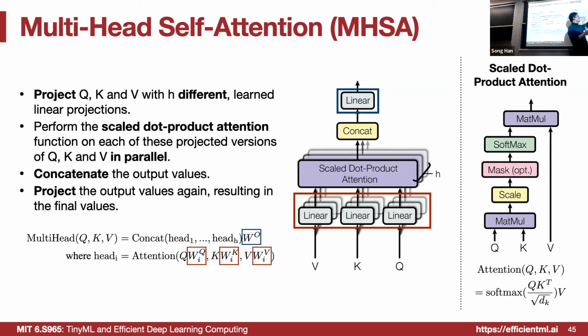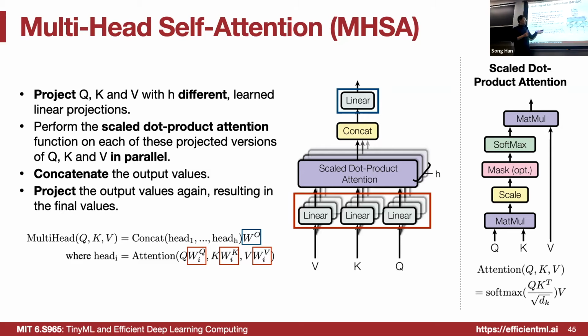Then we perform this mask, which is optional, okay? And then pass it through the softmax to get the attention map. And finally, we multiply that with the value, right? So basically, that is 2 matrix multiplications. One matrix multiplication between Q and K^T, okay? The other matrix multiplication between that result and the value. And then in the middle, there's a softmax layer.